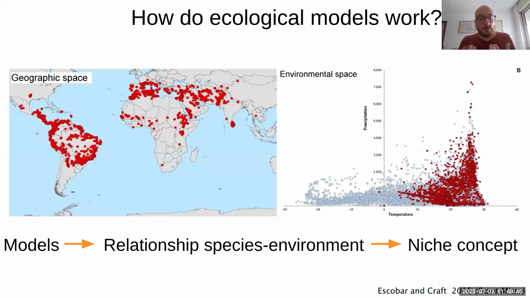And indeed, again, what we try to do with a model is to build the relationship between the species and the environment, the environmental conditions in which it can occur, and we define this relationship between the species and the environment as the niche concept.